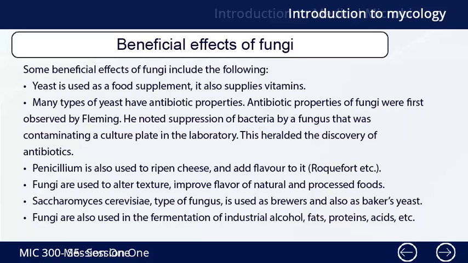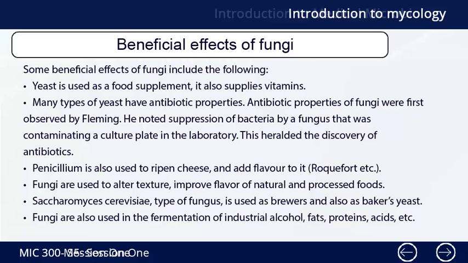Number 3, penicillin is also used to ripen cheese and add flavor to it. Number 4, fungi are used to alter texture, improve flavor of natural and processed foods.